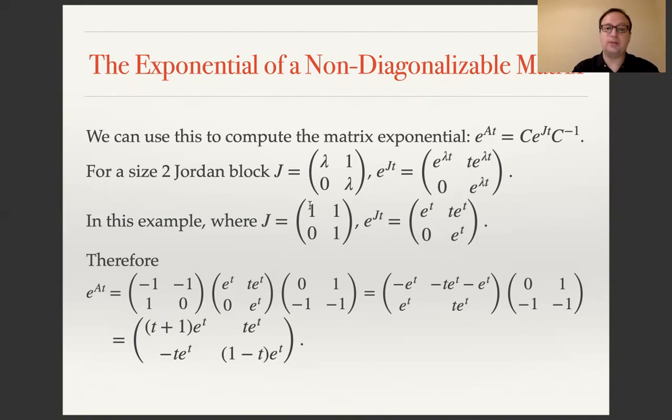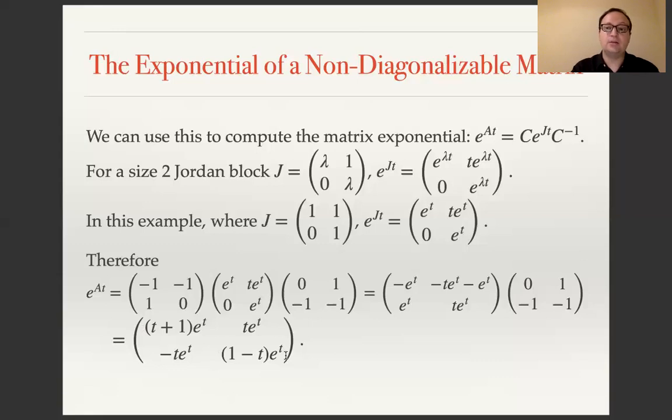In our case, lambda is 1, so the exponential is e to the t, t e to the t, 0, and e to the t. So then e to the At is equal to C times this exponential times C inverse. And I carried out the matrix multiplication in 2 stages. So in the end, we get the matrix consisting of t plus 1 e to the t, t e to the t, minus t e to the t, and 1 minus t e to the t.